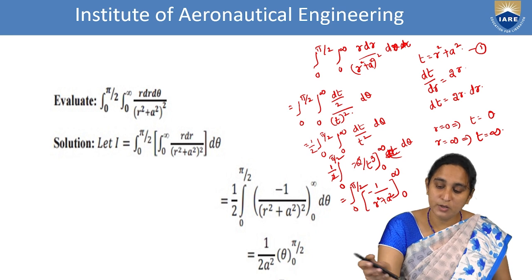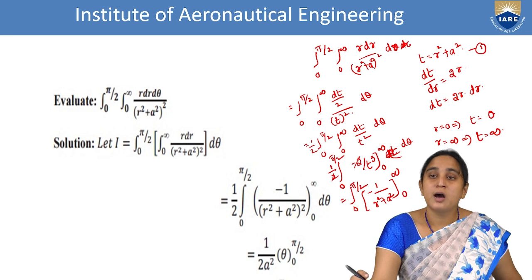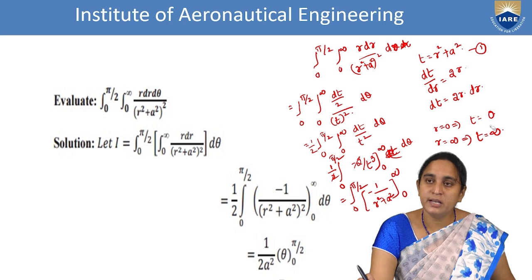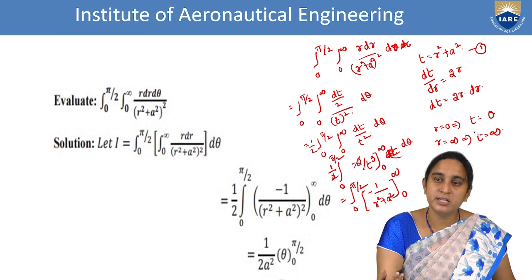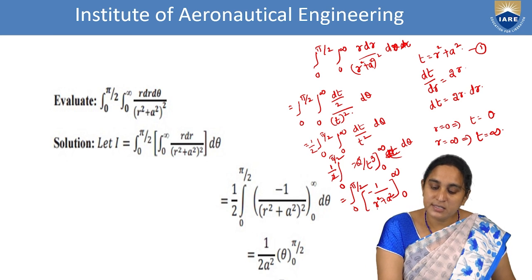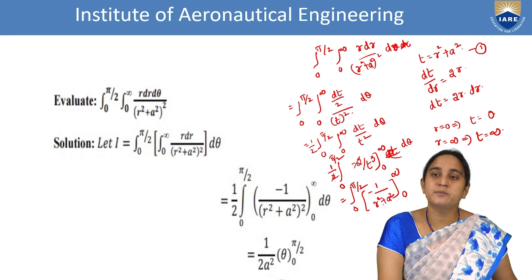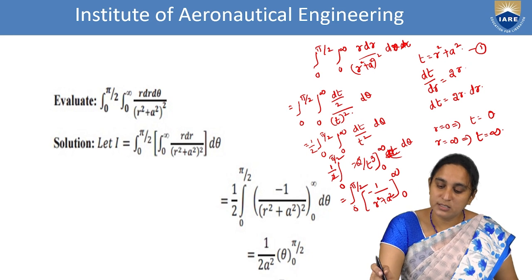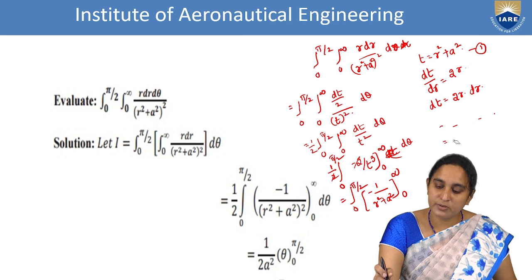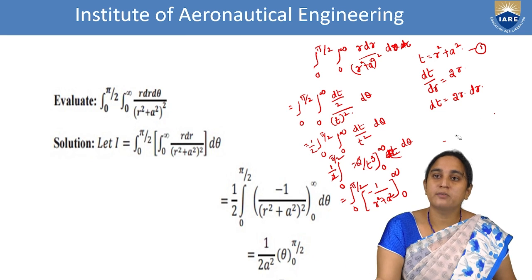Here one condition: no need to convert the r limits into t. Directly after the integration I'll take t in terms of r, and then substitute the limit points. So there is no need to convert the limit points.